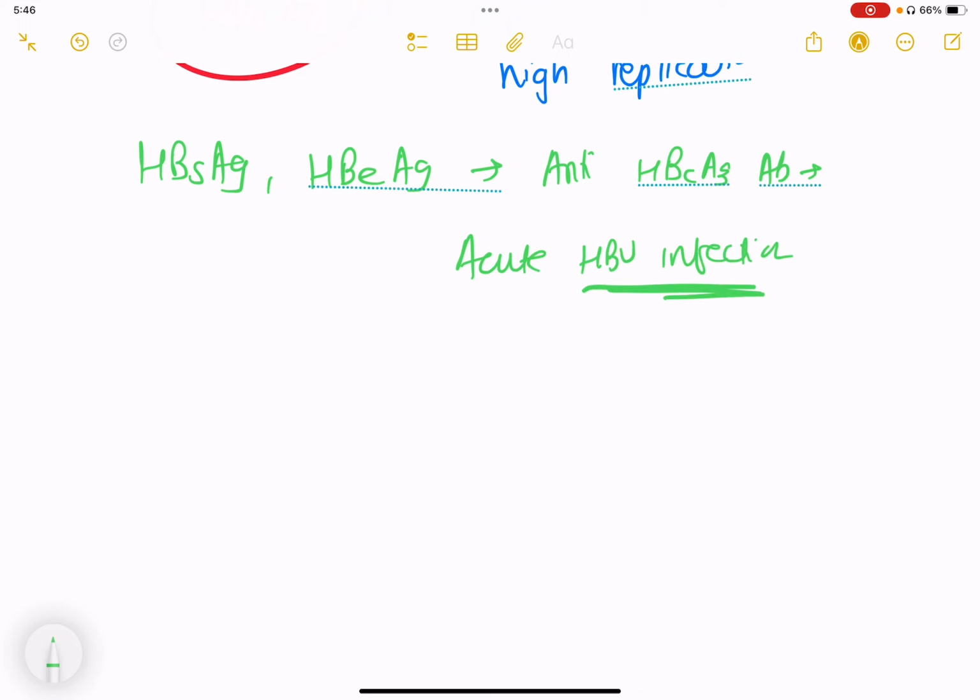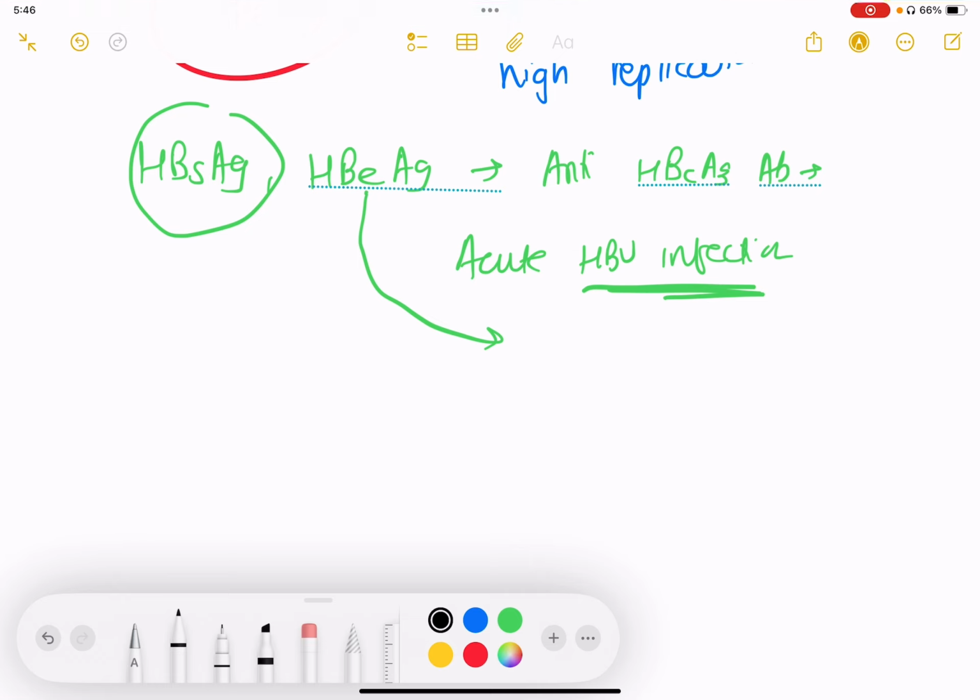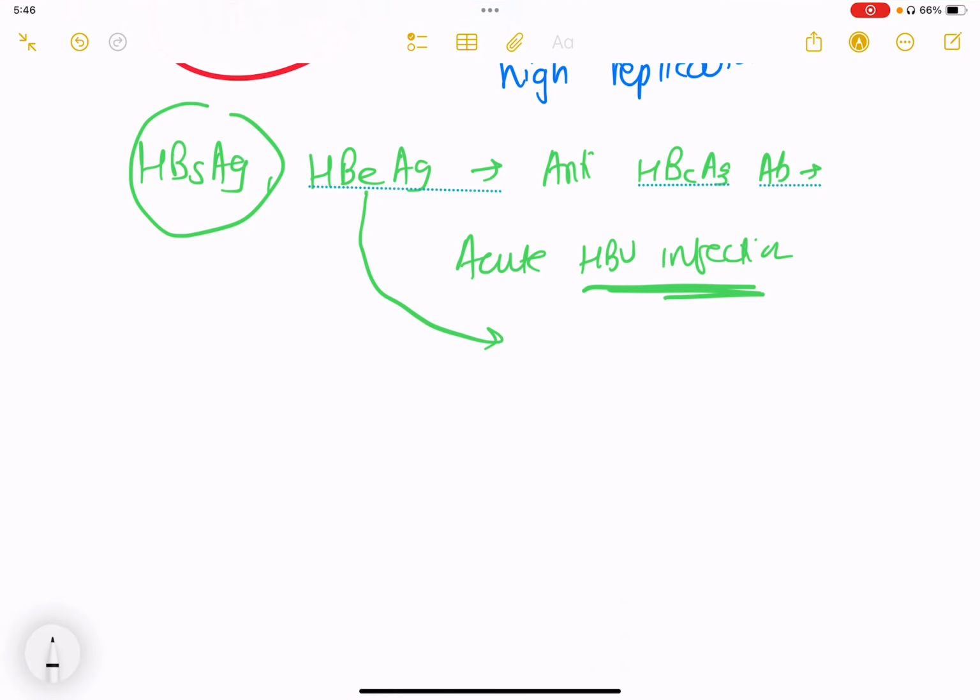The infection is there because this is positive, and as E antigen is positive and the antibody against the E antigen is not there, it means the patient is highly infectious. This is an acute hepatitis B infection.